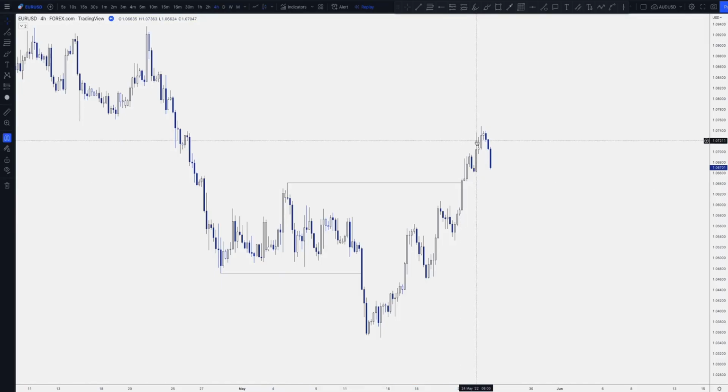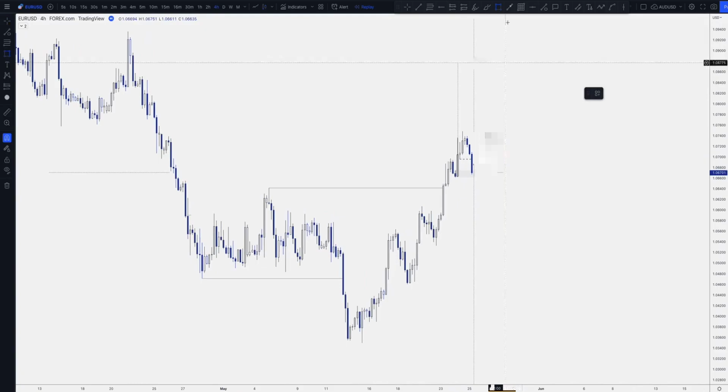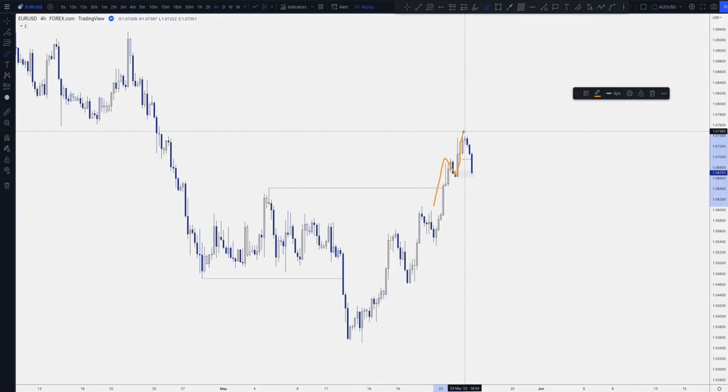Obviously, we expect a swing pullback. We have had a 4 hour CHoCH, so with this coming structure we could see a pullback, but for now that could still be this sort of small structure.